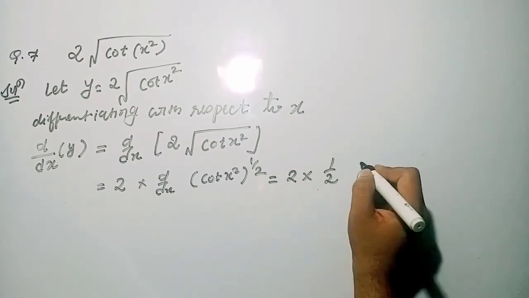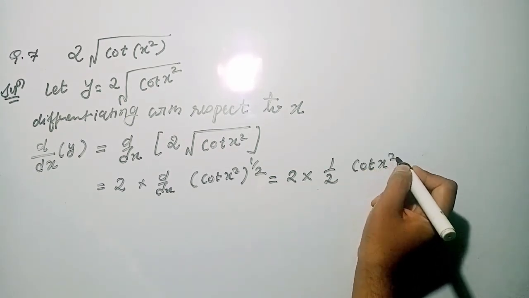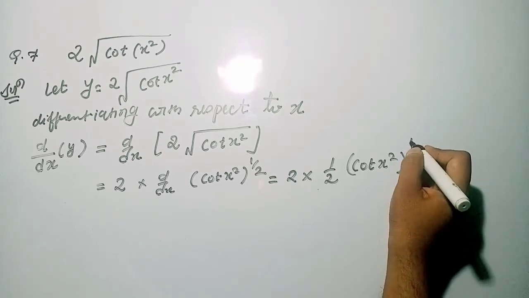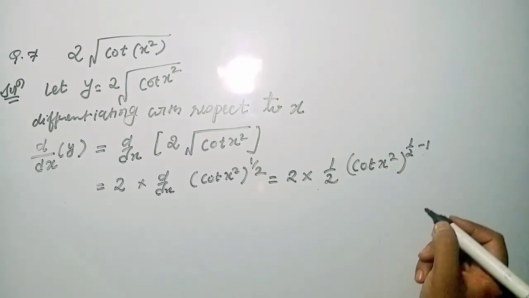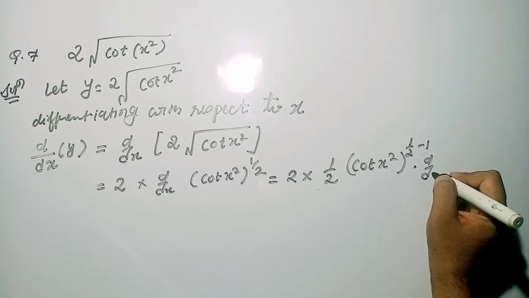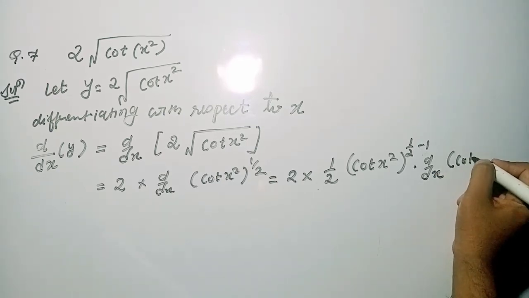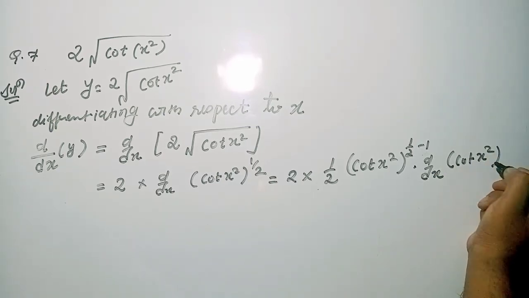So after differentiating, 2 into 1 by 2 cot x square to the power 1 by 2 minus 1, and again we will take the derivative of cot x square.